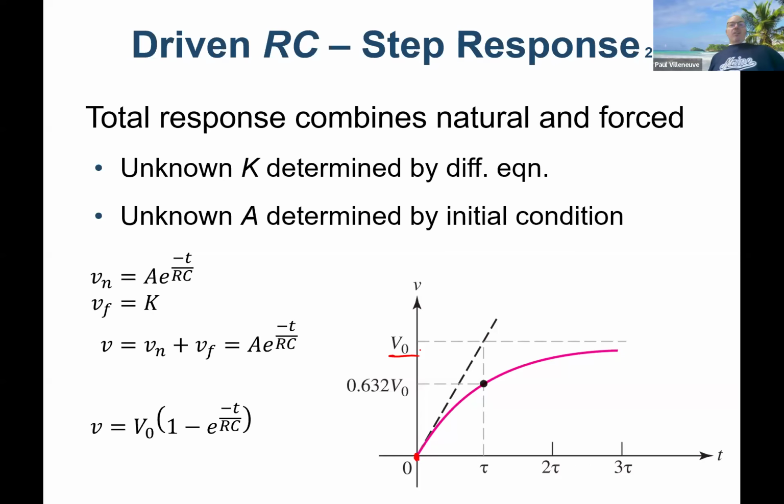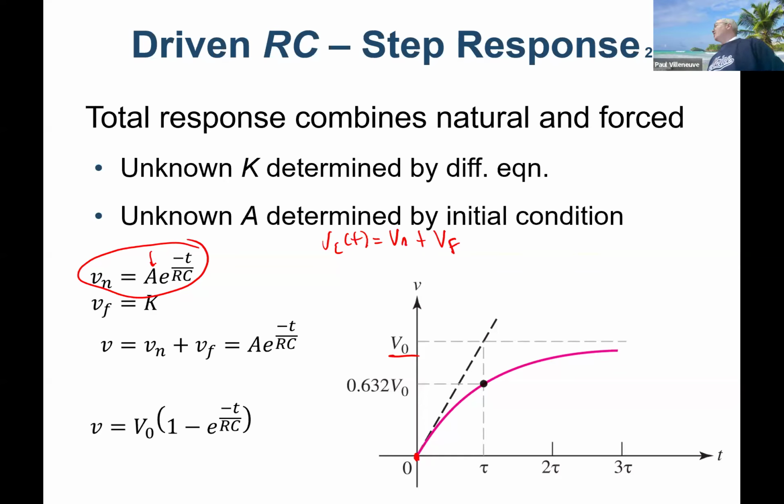So we can write an equation. The voltage across the capacitor is going to be equal to the natural response plus the forced response. The natural response is what the capacitor is going to look like as it charges. That's A e to the minus t over tau. And we also have this constant A, and that's the initial condition, right? We can determine A by the initial condition. So what is it naturally doing?